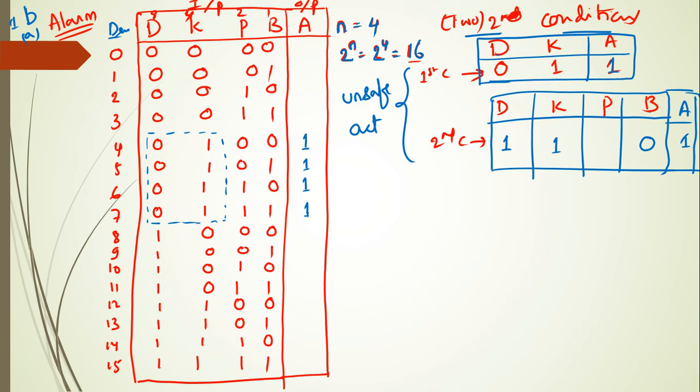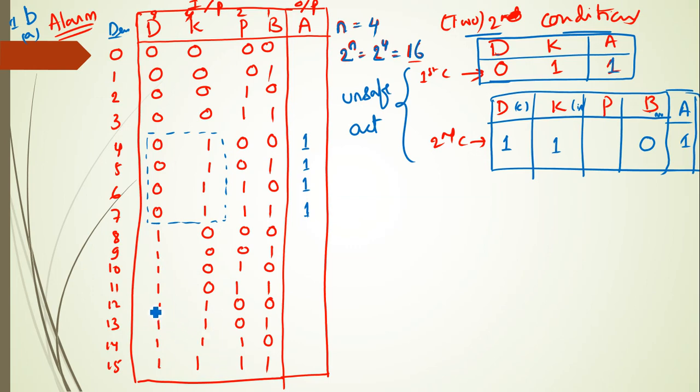So guys, the second condition is about when the door is closed, key is in, but the belt is not put. No belt means it is 0. So for the condition 1, 1 and 0, where D is 1, K is 1 and B is 0, you put it as high. These are the 4 conditions where D and K are 1, 1, but B should be 0.